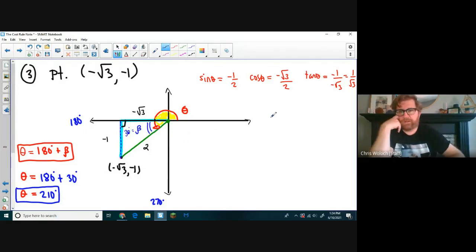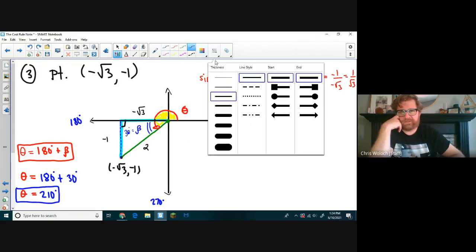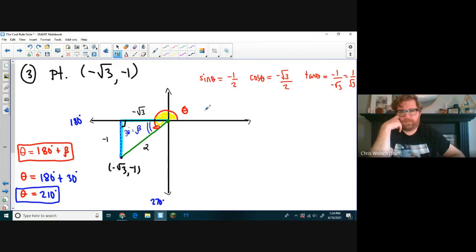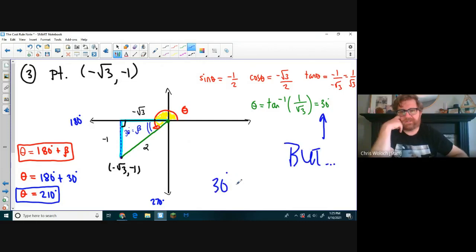Okay. So here in this section, let me just write that down. If we used tan inverse 1/√3, then we'd get 30, right? But the 30 degrees is the related acute angle.